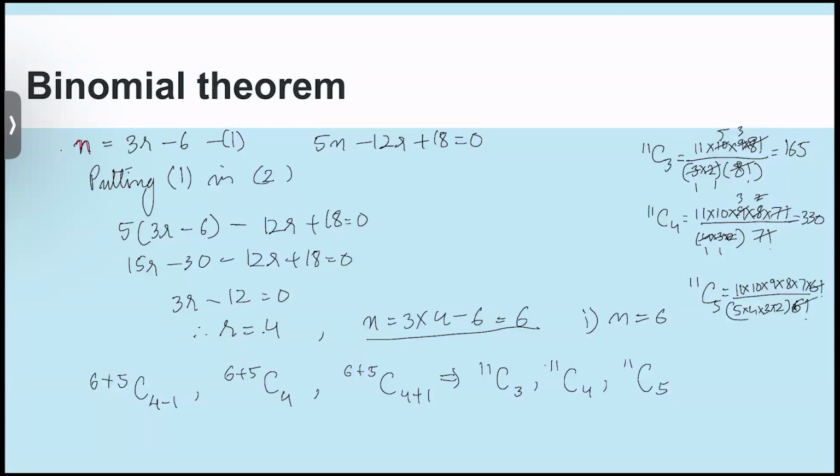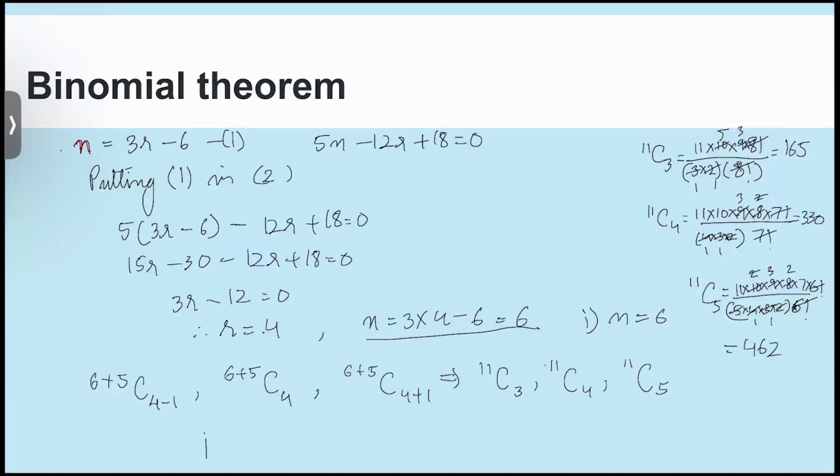So this gets cancelled, and after cancelling you have 6 into 7, and 6 into 7 is 42, and you have 11 into 42. So that would be 462.